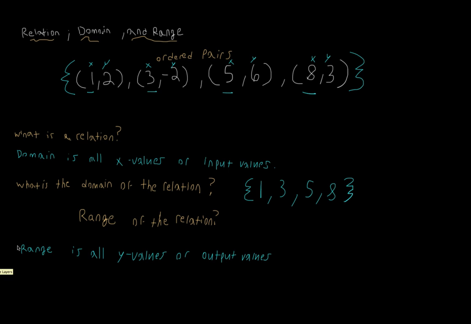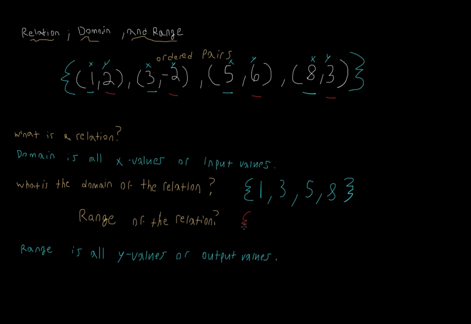What goes out? Okay, so if we know that the range are all the y values for the ordered pairs, then that means that 2 is a range, -2 is a range, 6 is a range, and 3 is a range.